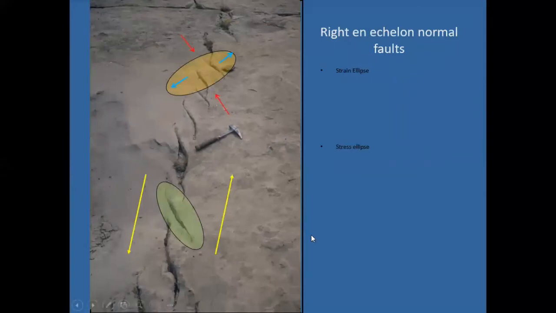So if you place the stress ellipse on this image, here this outcrop was compressed in this direction and extended in that direction.